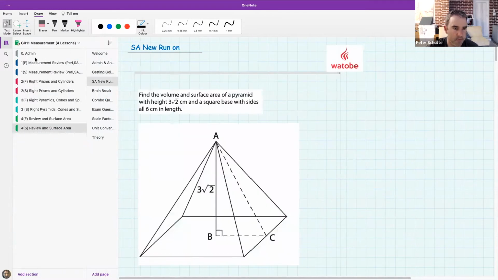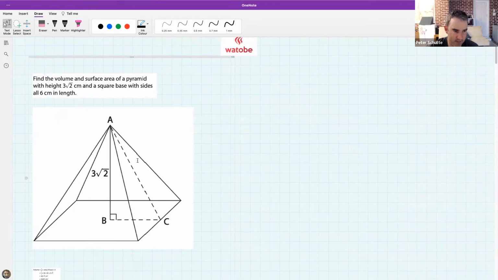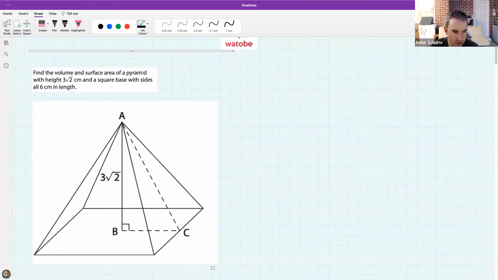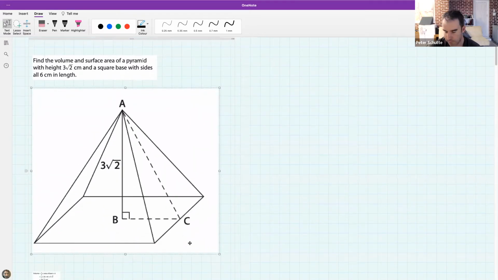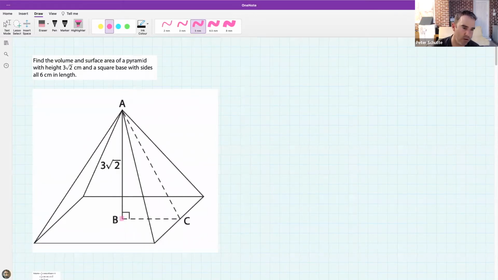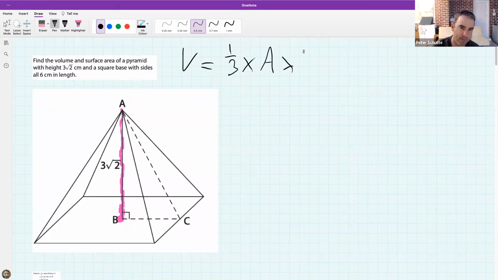So in the previous lesson, we started talking about this rather cool looking shape called a pyramid. And we spoke a little bit about the perpendicular height, which was really important for finding the volume. The volume of a pyramid is a third times the area of the base times the perpendicular height.